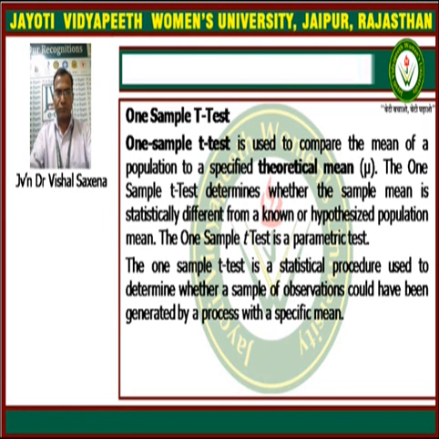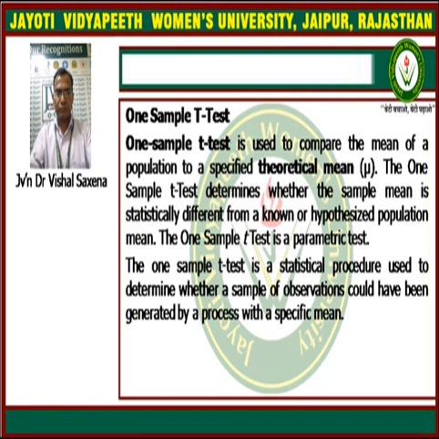The one sample t-test determines whether the sample mean is statistically different from a known or hypothesized population mean. So very briefly, this test is applicable to differentiate between the mean of a sample or population and the hypothesized population mean.